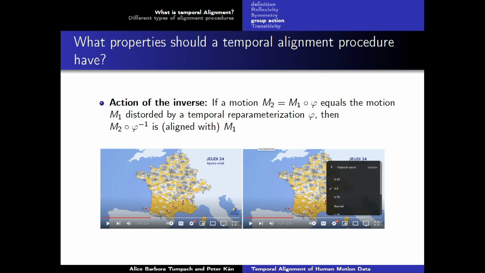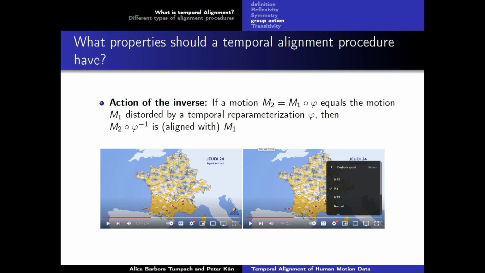If a motion M2 is the outcome of the reparametrization of M1, then M1 is also a reparametrization of M2, and you know exactly how. If you started with a video, then created a new video with half of the speed, you will come back by multiplying the speed by 2. This is the action of the inverse.